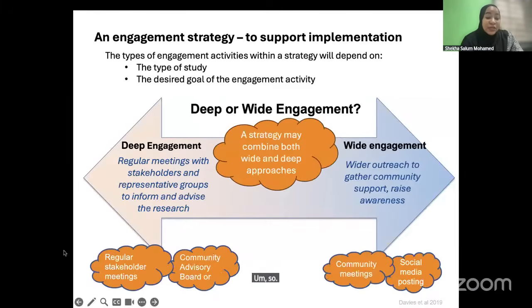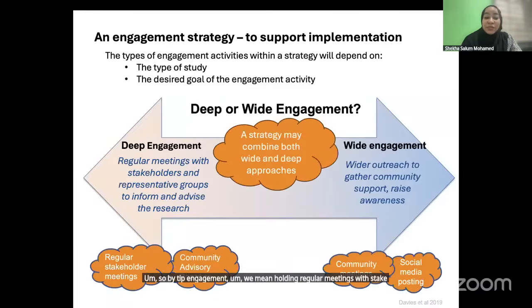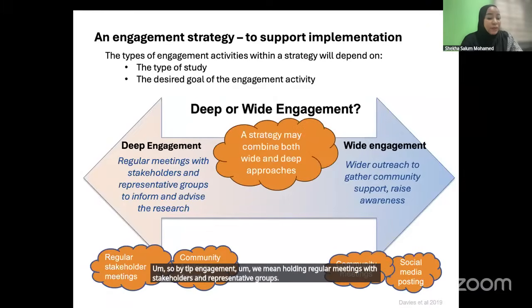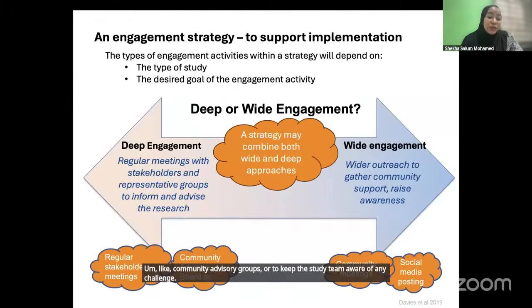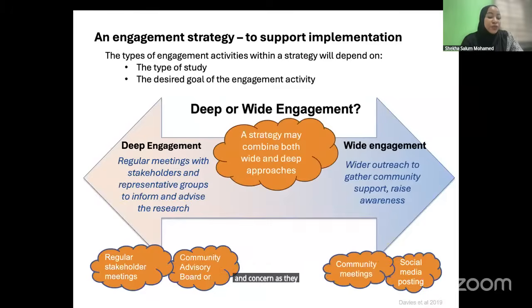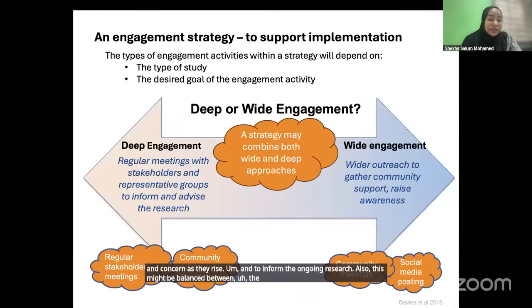By deep engagement, we mean holding regular meetings with stakeholders and representative groups, like community advisory groups, to keep the study team aware of any challenge and concern as they arise, and to inform the ongoing research.